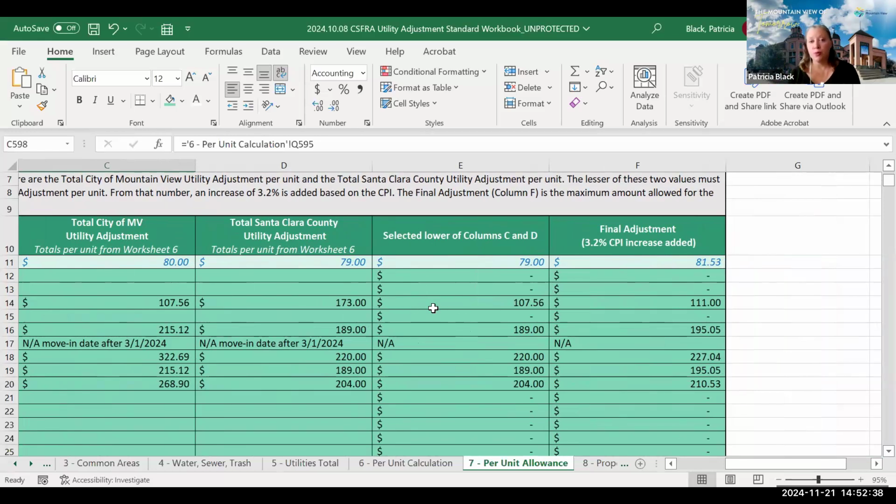So you have to pick the lower one between the city adjustment and the Santa Clara County adjustment. And once it does that, it figures that out itself, and then it adds the CPI increase. So that's the consumer price index of inflation for the inflationary period of July 1st, 2023 through June 30th of 2024. And it is adding that to your new total.